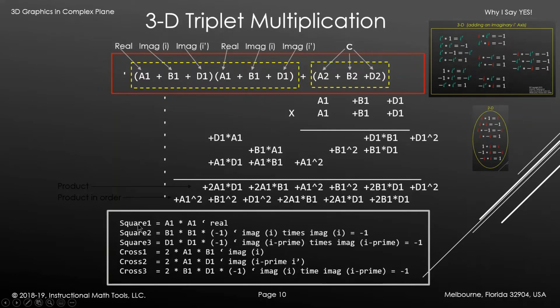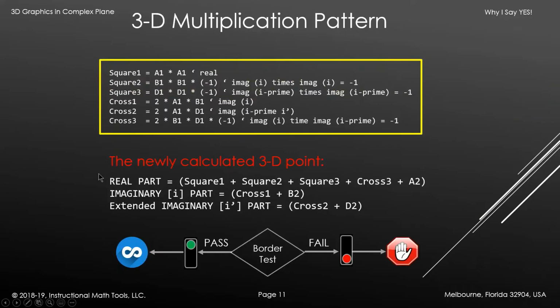And once you determine square 1, square 2, square 3, cross 1, cross 2, and cross 3, then all you have to do is follow this rule here that says the real part of the newly calculated point is square 1 plus square 2 plus square 3 plus cross 3 plus a2.